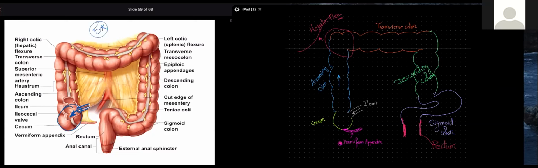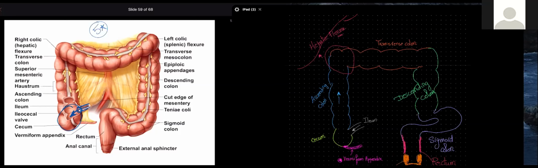And finally, we're going to be passing through a short canal that is guarded by sphincters. We've got internal and external sphincters guarding the anal canal. And the opening of the anal canal to the outside is the anus, through which the feces is going to be traveling to the outside.